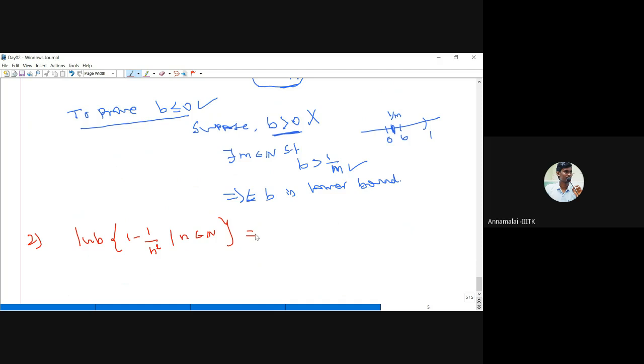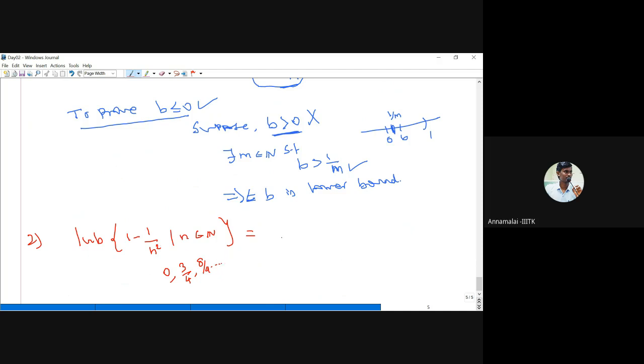What is the upper bound? If we substitute n equal to 1, we get 0. If we substitute n equal to 2, 1 minus 1 by 4, which is 3 by 4. Substitute n equal to 3, we get 1 minus 1 by 9, which is 8 by 9, like this. So what is the maximum value we'll get?